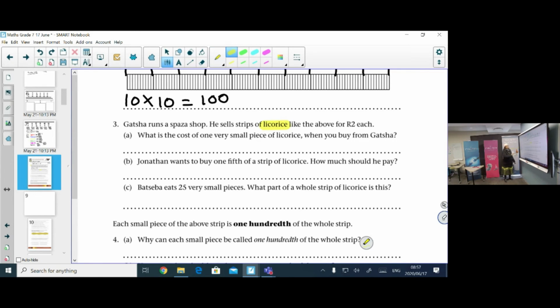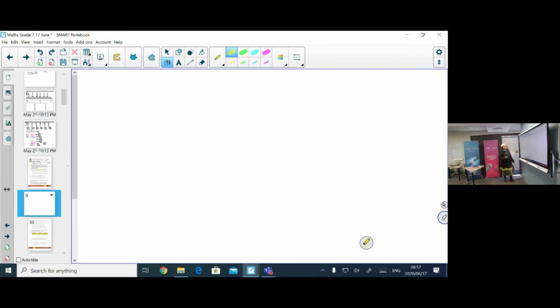So here, the smallest piece, remember we've got 100 pieces. All of them cost 2 rand. But we want to work it with cents, because we are going to divide it small.